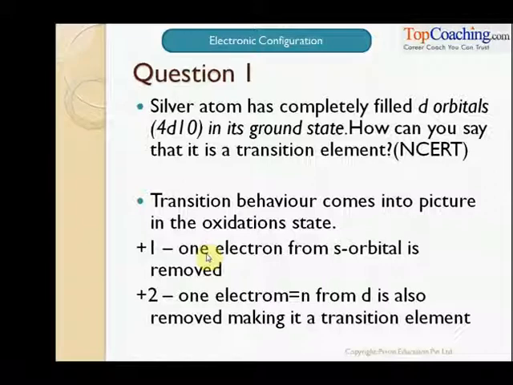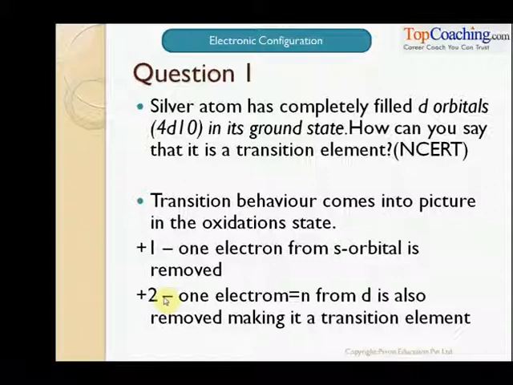It shows two oxidation states, +1 and +2, and of course in +1, one electron from s orbital is removed. In +2, one electron from s and one from d is also removed, which makes it a transition element.